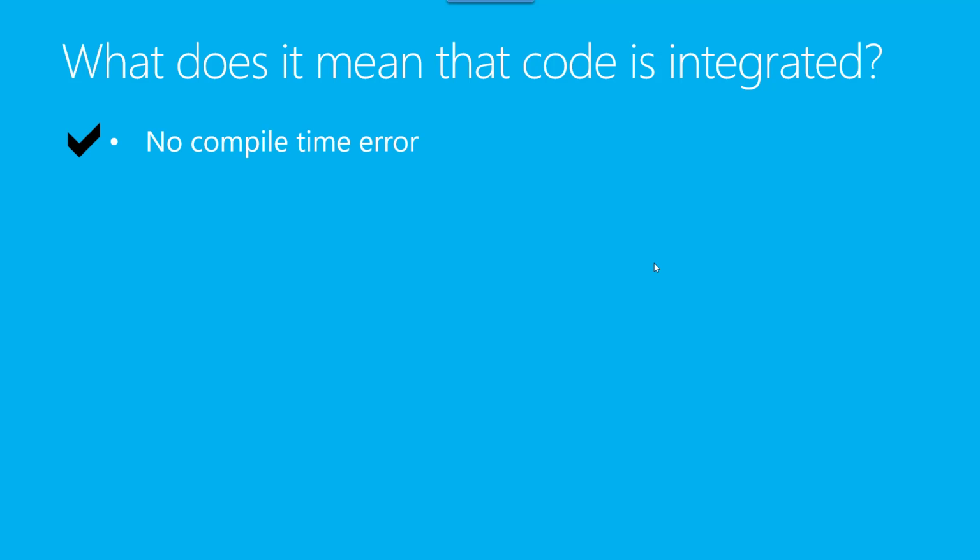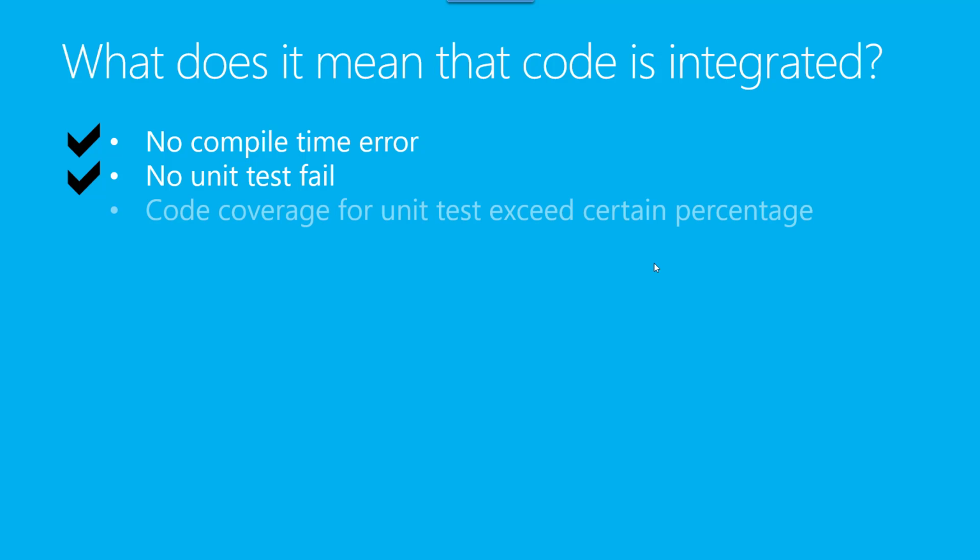The first, which is the minimum for the code to be integrated, means that there is no compile time error. The second one, which is optional, we usually call quality gates: no unit test fails, so all test cases pass. The third one, code coverage for unit tests exceeds a certain percentage.